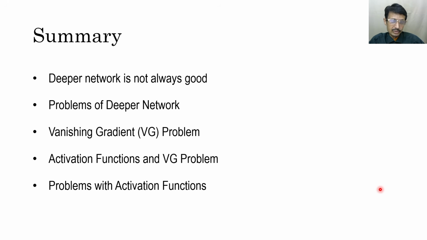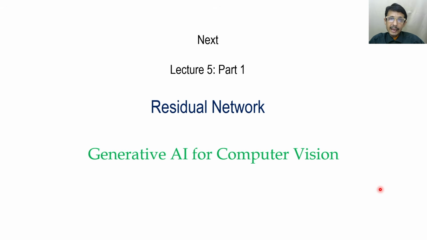Then we tried to understand the vanishing gradient problem, mainly for deeper networks, activation functions and the vanishing gradient problem, and what the problems are with activation functions in solving the vanishing gradient problem completely. In the next lecture, we'll start the residual network.